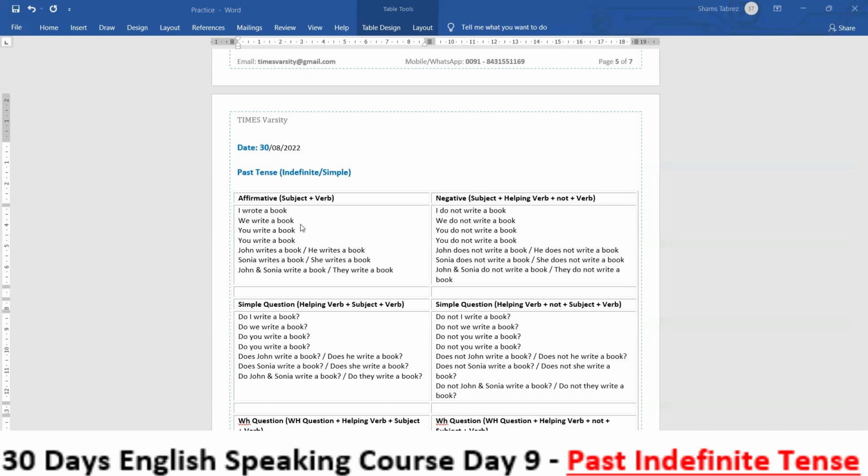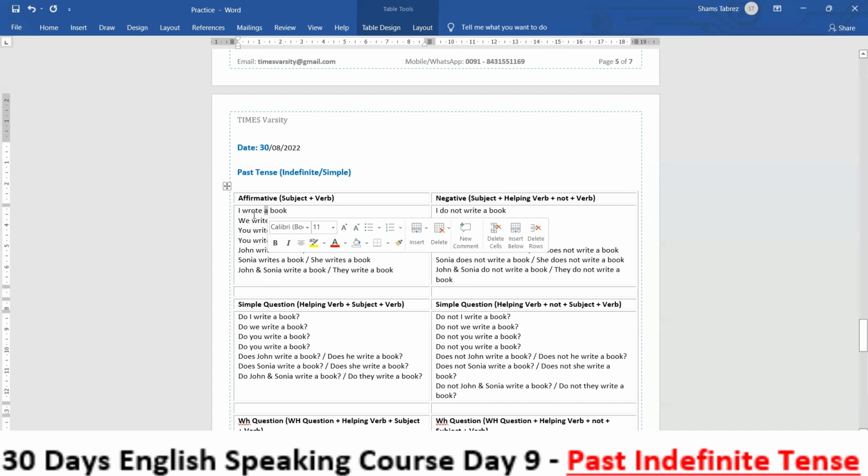So you can see here that I wrote a book. You are using an article, the indefinite article a. The indefinite article a or an is used to express singularity.